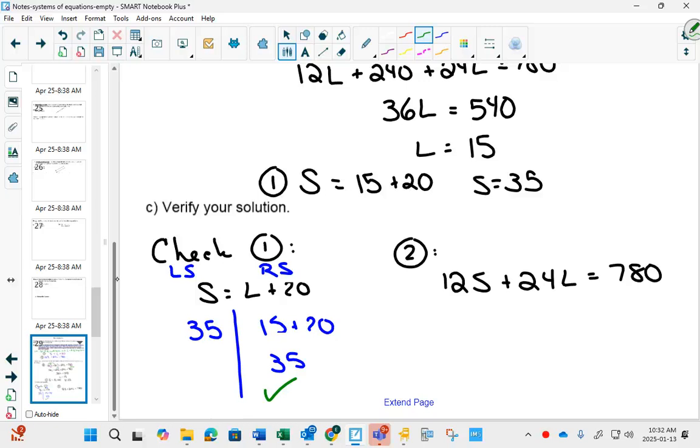So same thing here, if I would verify this properly. There's my left side, there's my right side. I'm going to plug in my answers.